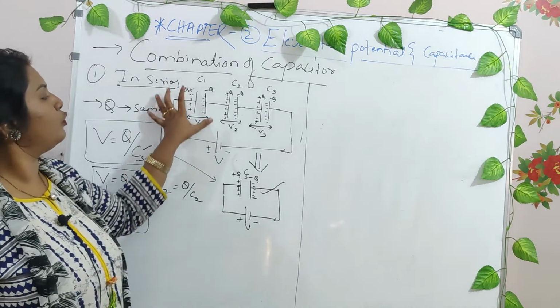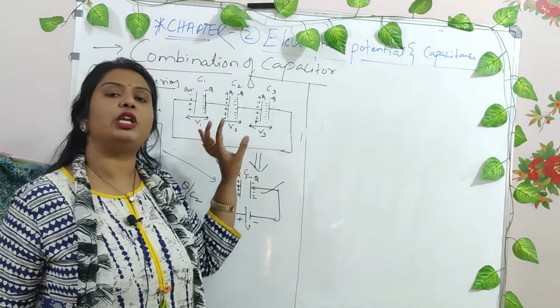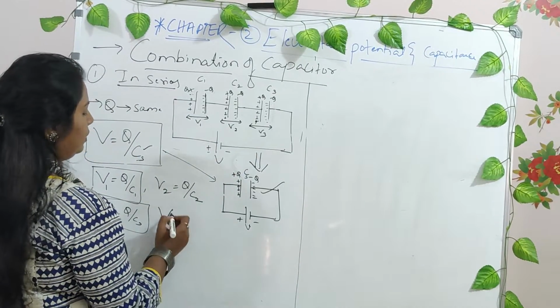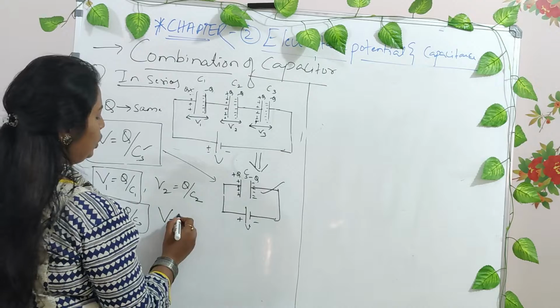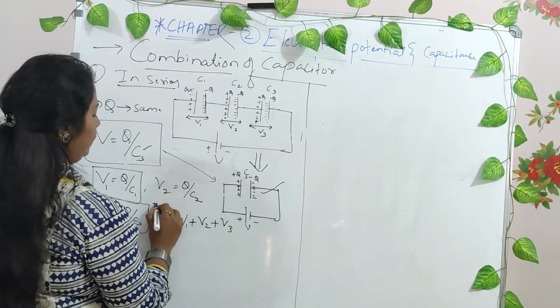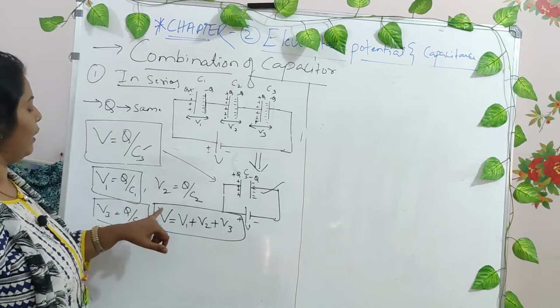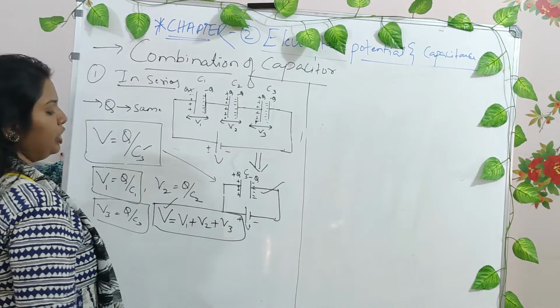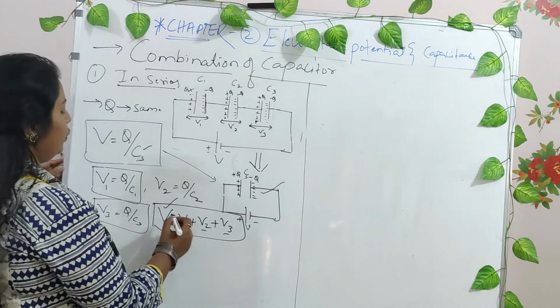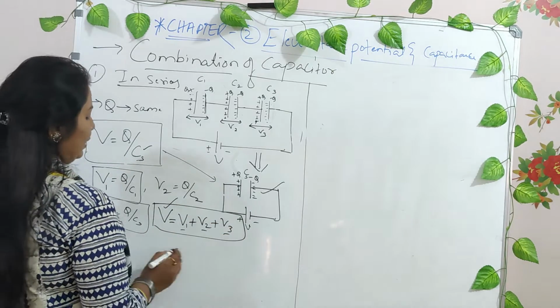If you want to find out the total potential of this particular circuit, you just add all the potentials, V1 plus V2 plus V3, right? Now this is the equivalent potential, and these are the potentials of the circuit elements. So you just substitute all the values.